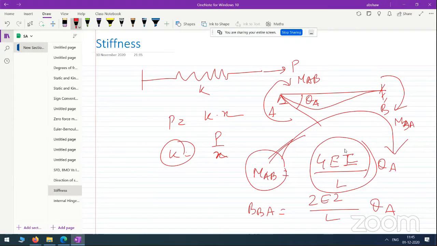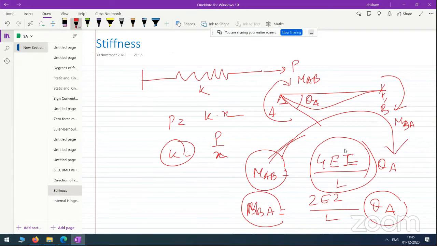If you are talking about the moment at B and the rotation at A, then the stiffness will be this. So it depends on which combination of force and displacement you are talking about.